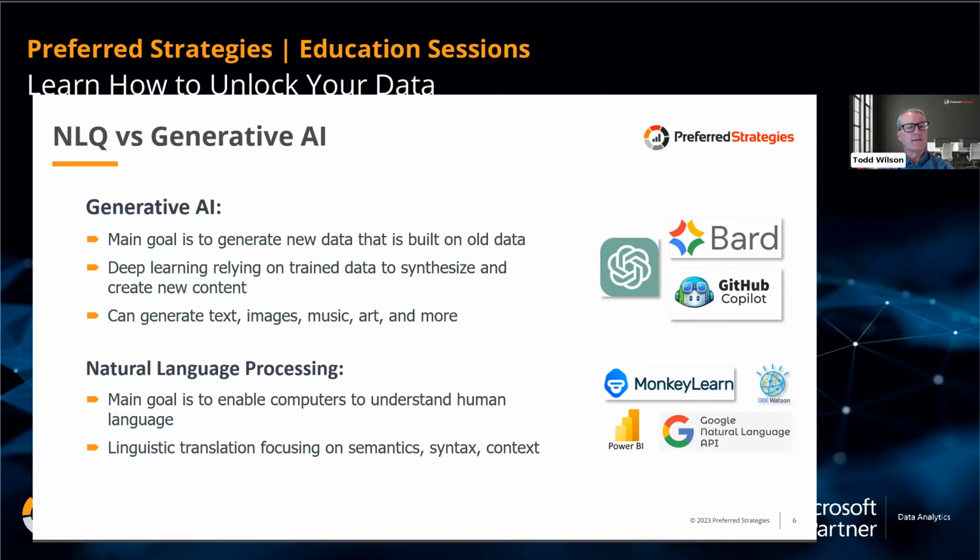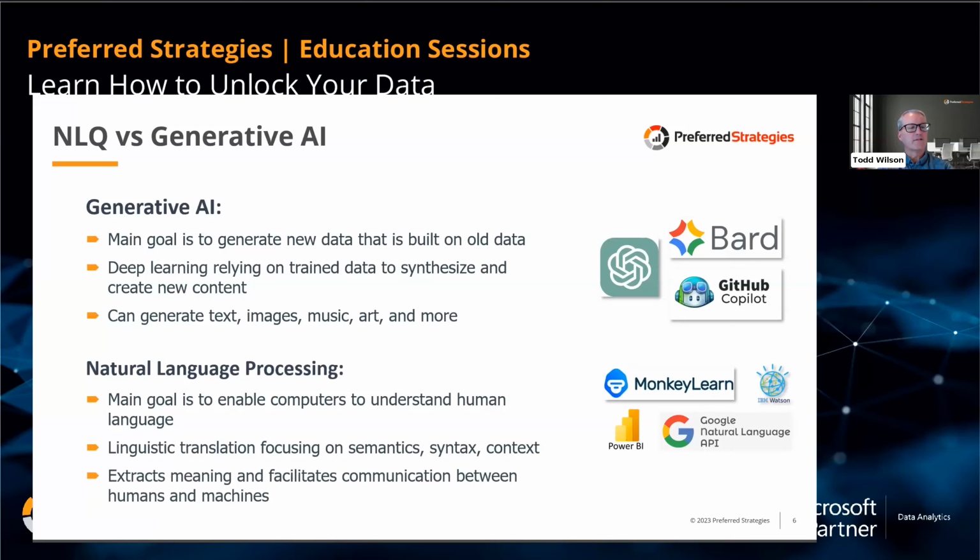So that linguistic translation is important, but it's also important to make sure that we're training the data so that natural language processing happens in the appropriate way to meet the needs that we're trying to meet. And finally, extracting meaning and facilitating that communication between humans and machines.